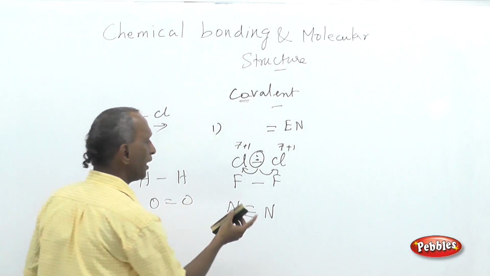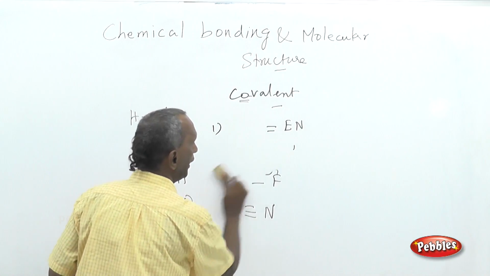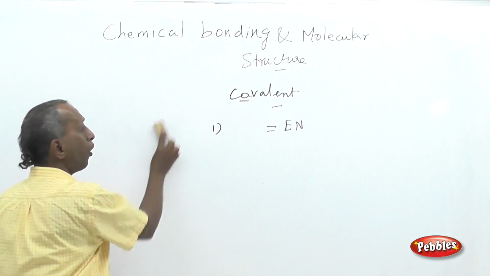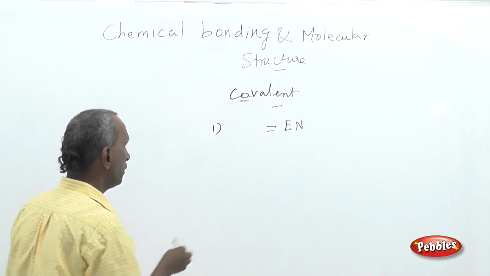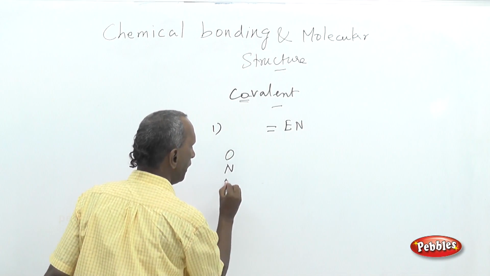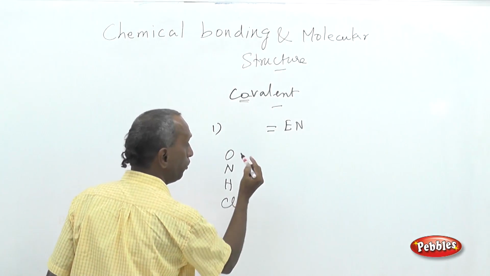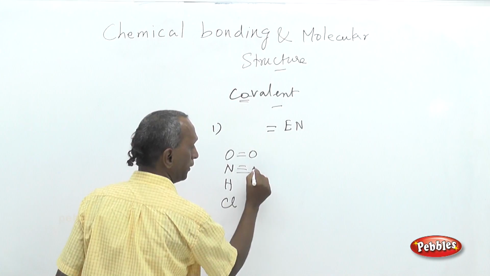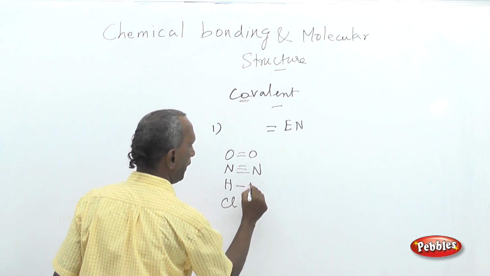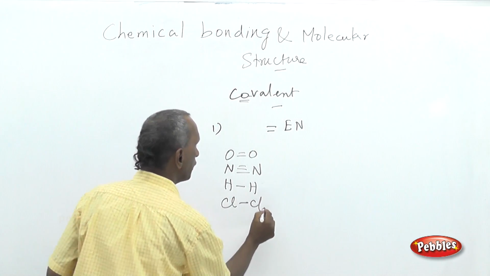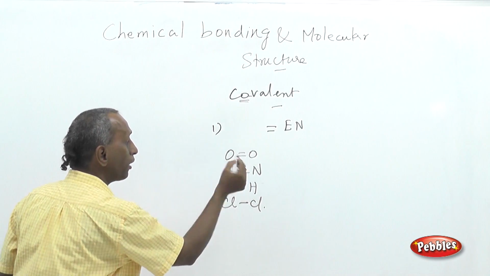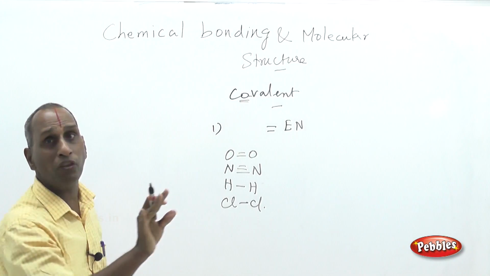If the elements are of equal electronegativity, such elements will form covalent compounds. Examples are oxygen, nitrogen, hydrogen, chlorine, individually. Oxygen is represented with a double bond, nitrogen with a triple bond, hydrogen with a single bond, chlorine with a single bond. Because both are equally powerful, the central electron pair will not move towards any of the atoms.